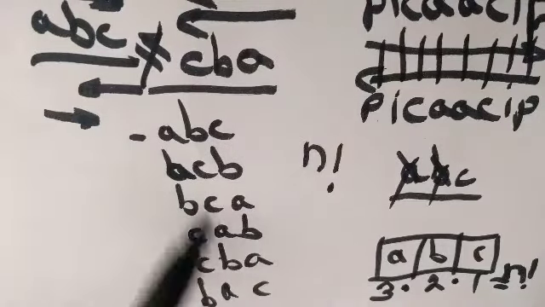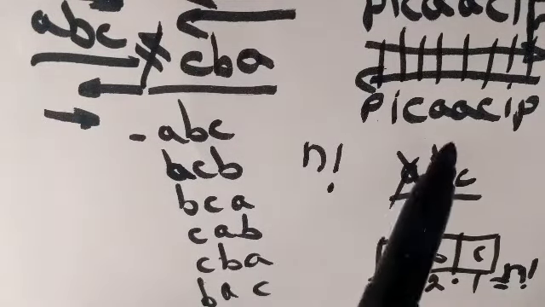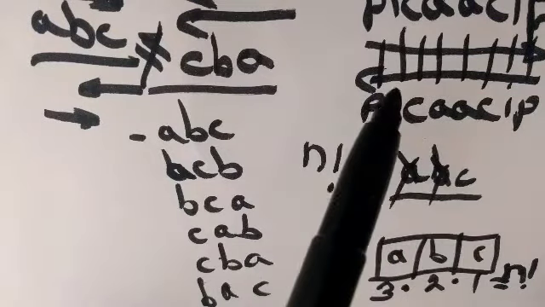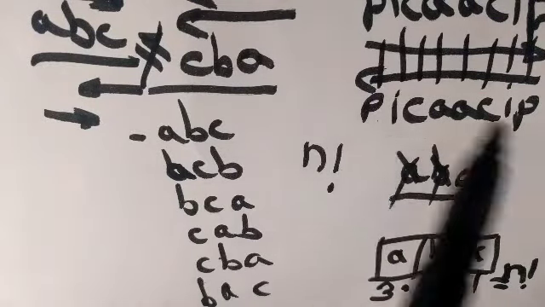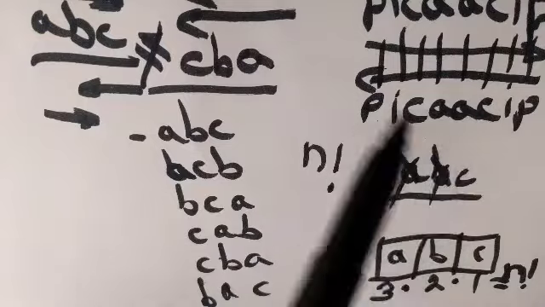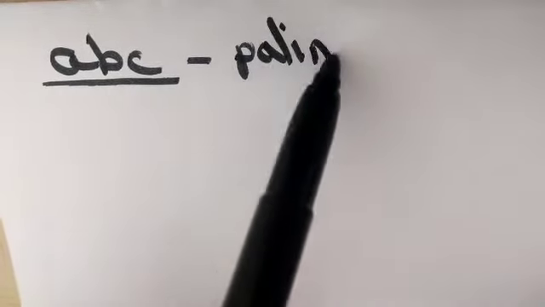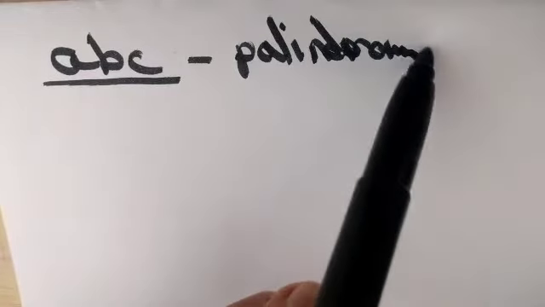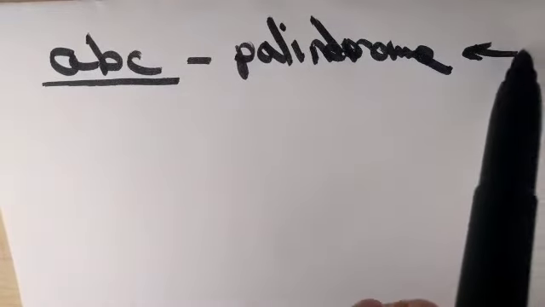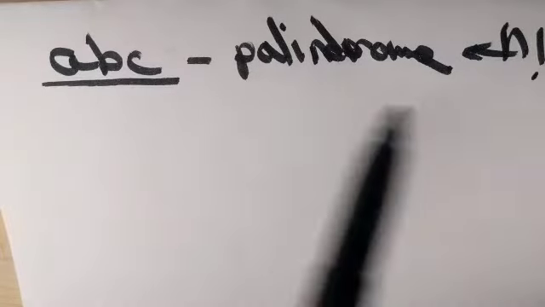So now that we know how to find all permutations and how to find whether a permutation is a palindrome, let's get back to the question. The question was simply that given a string, we need to tell whether this string is a palindrome, but not only that, also whether any permutation of it is a palindrome.